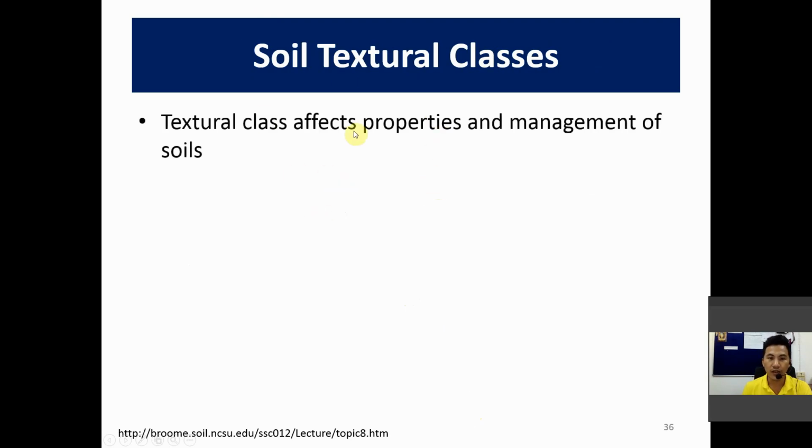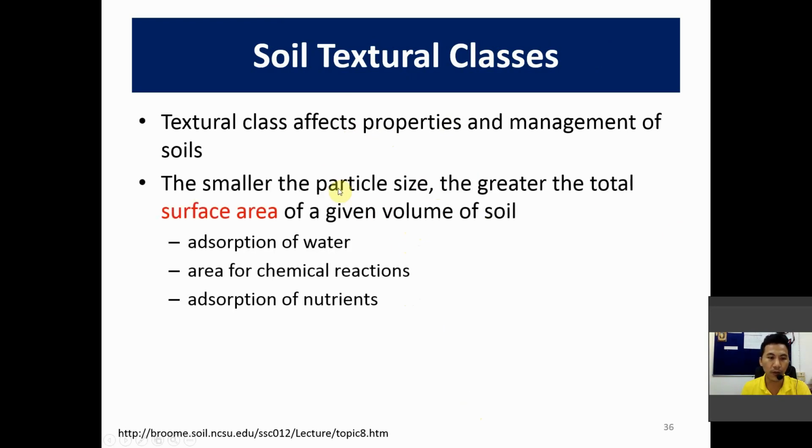Soil texture totally affects the properties and management of soil, even though it's not something to do with organic matter, but it's good to know. The smaller the particle size, the greater the total surface area of a given volume of soil. This is what we call specific surface area.